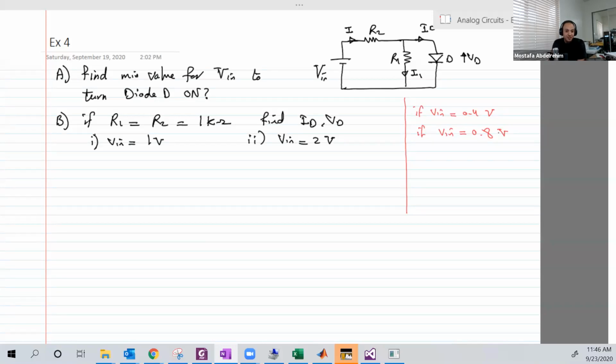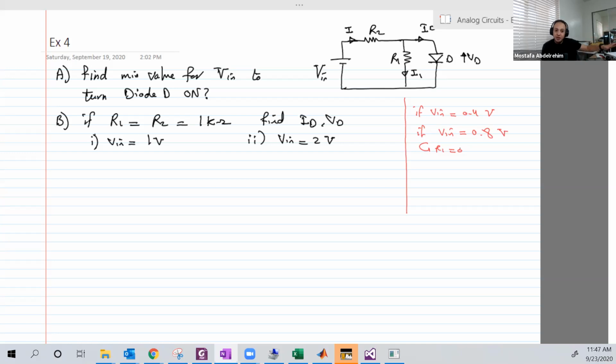Let me go with Arsenio. If I say that R1 is equal to 0, short circuit, is it still on? Arsenio, you said that the input is 0.8 at input, but you said it will be on, or maybe on.